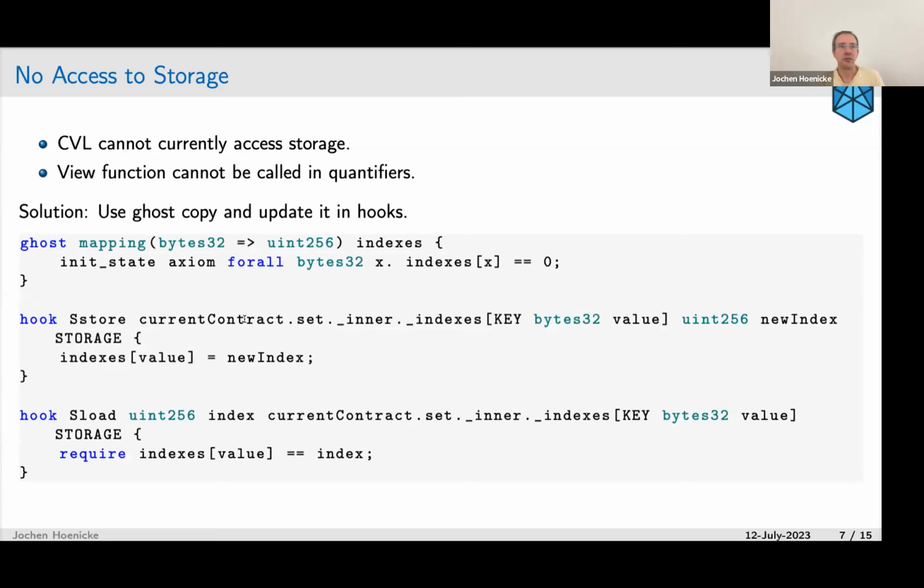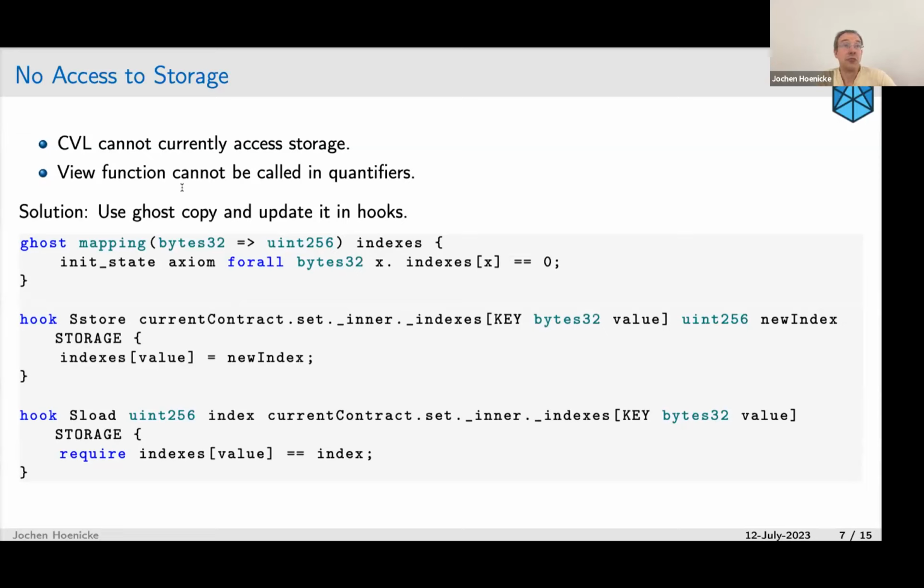And this ghost code is not visible by the original code, so you can never break your original code by adding ghost state. This is also something neat. Our philosophy is we add a specification separately from the code, and we don't touch the code that we want to verify.